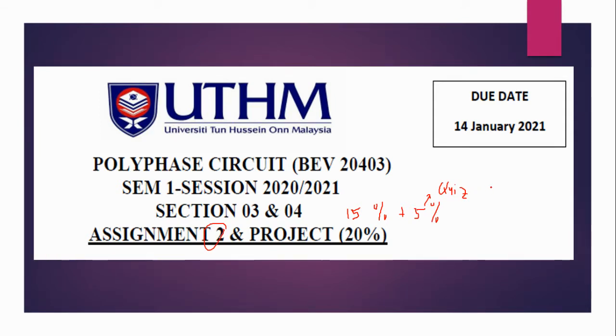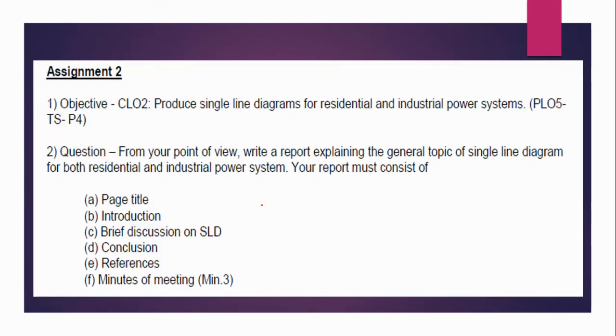By the way, remember the due date for this project is 14 January 2021, and I would consider all of this a project, even though it is stated as assignment number 2. It is just a term.